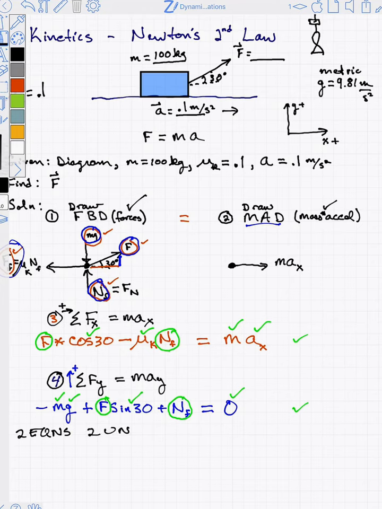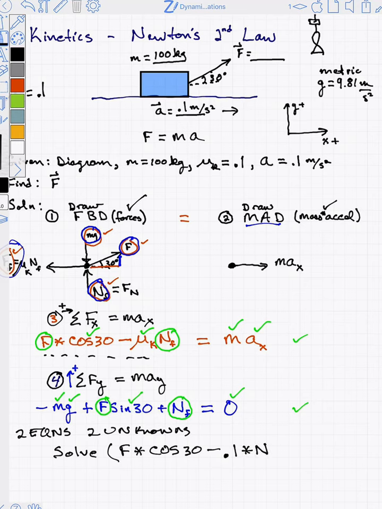I would use my trusty TI-200 calculator. I've got it right here in front of me. And in that, I would type in the word solve, and then I would start filling in the equation, putting in the numbers. So F is a letter, I don't know it, times the cosine of 30, I do know it, minus 0.1 for the coefficient of friction, times, I'm just going to use N in my calculator, equals, mass is 100, and acceleration is 0.1.